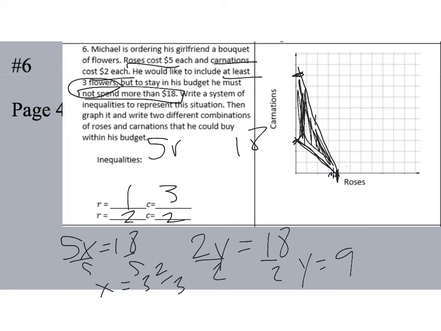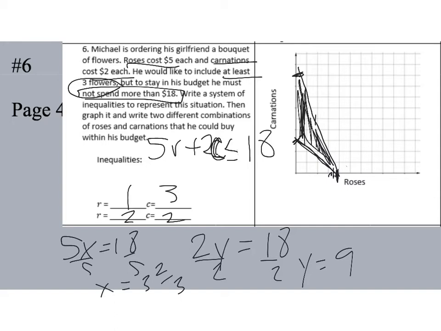So 5 times the number of roses plus 2 times the number of carnations must be less than or equal to 18. Let me fix that up to make it a little easier to read. There should be an 18 here, and that is a C. Not the greatest writing, again, writing on a pad.